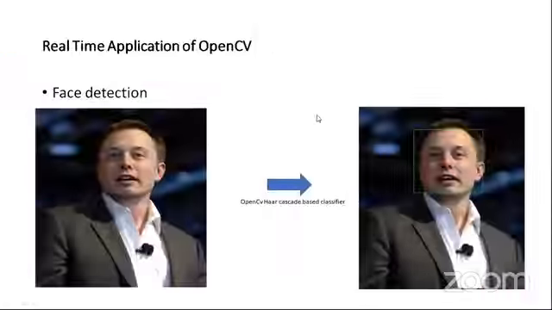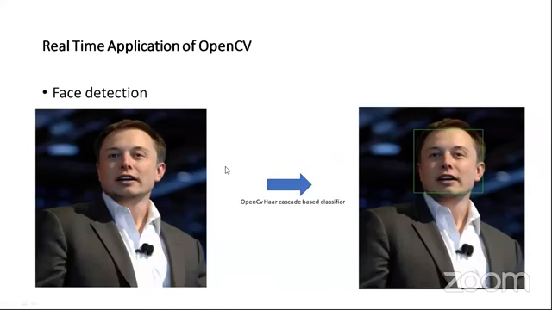So we will see real-time applications of OpenCV. First is very basic face detection. We have an image, we put it into a classifier. OpenCV has a Haar cascade-based classifier. We will talk about it in a later session. You put this image into the classifier, and the classifier gives you a bounding box around your face. So that's cool. Now your model knows what is a face and what is not.